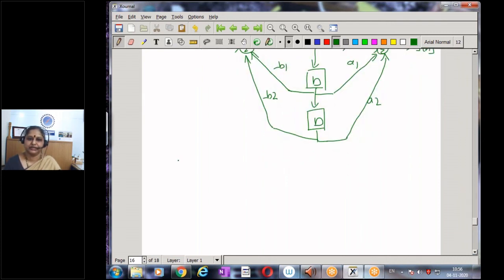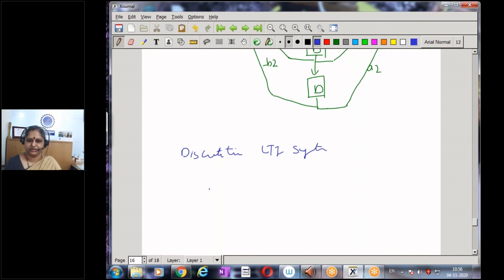So to summarize, any discrete time LTI system can be represented by using a constant coefficient difference equation given by sigma i equal to 0 to M, a_i x[n minus i], minus sigma j equal to 1 to N, b_j y[n minus j].